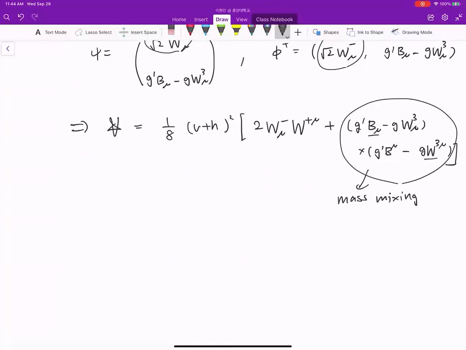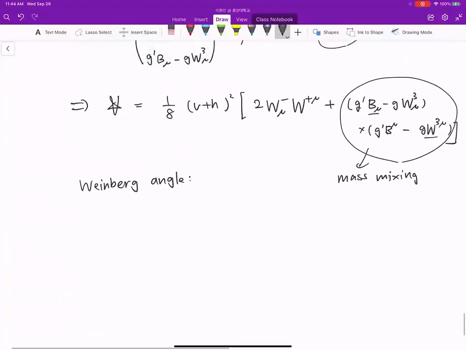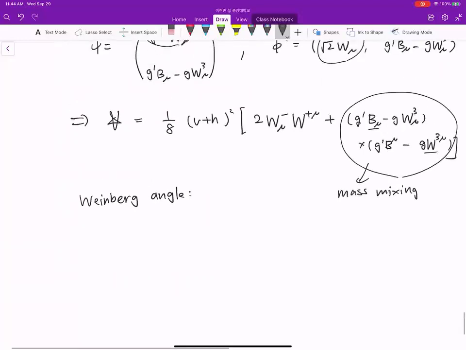In order to do that, we introduce the Weinberg angle. So these are mass terms. When you ignore the Higgs boson, this corresponds to the mass term for neutral gauge bosons. So this should be diagonalized, and you get the Z boson mass after diagonalizing.